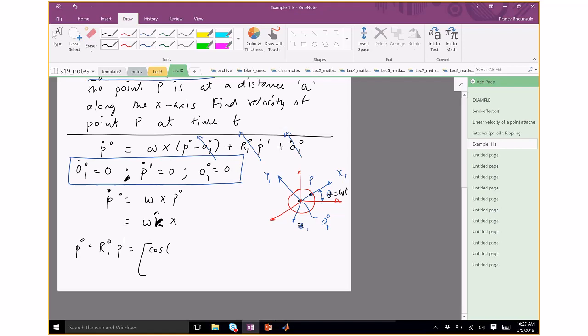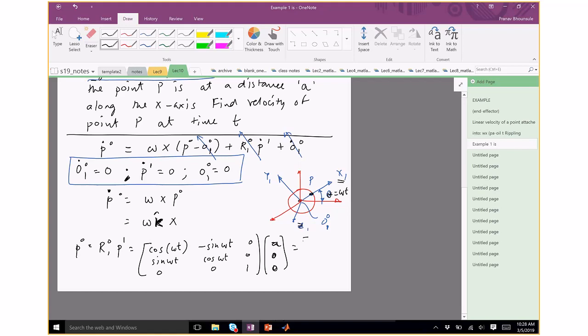So cosine omega t, minus sine omega t, sine omega t, cosine omega t, 0, 0. And P1 is the position of point P in frame 1, which is A 0 0, because it's always going to be along the x1 axis.